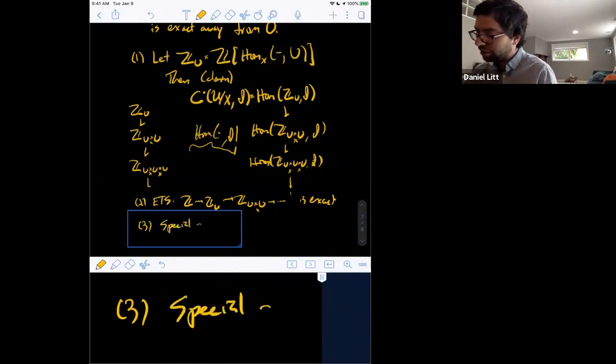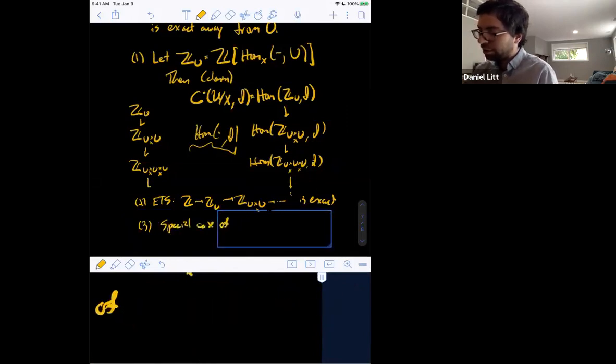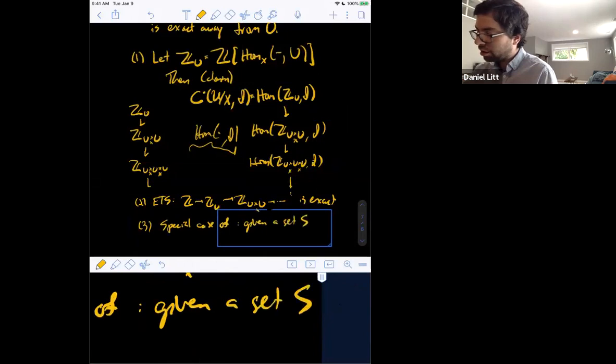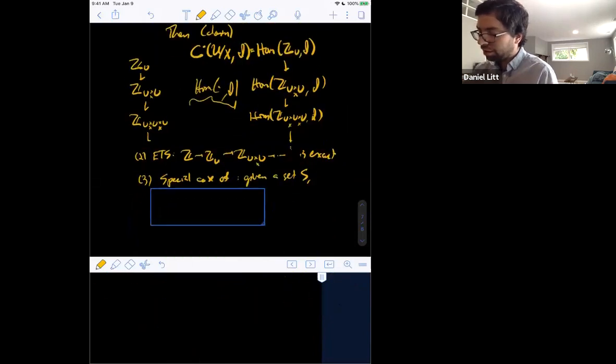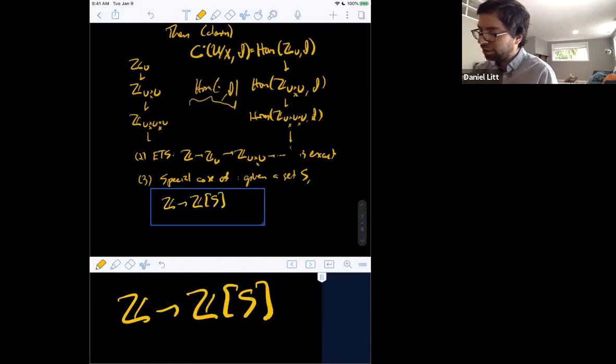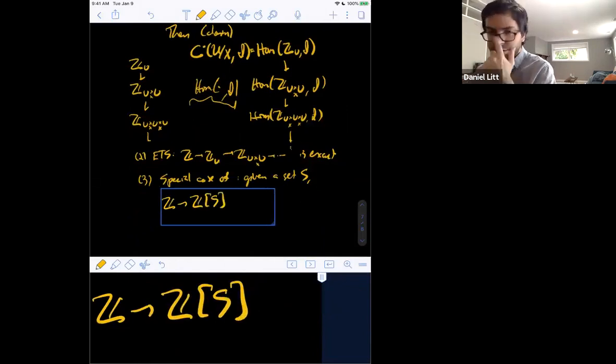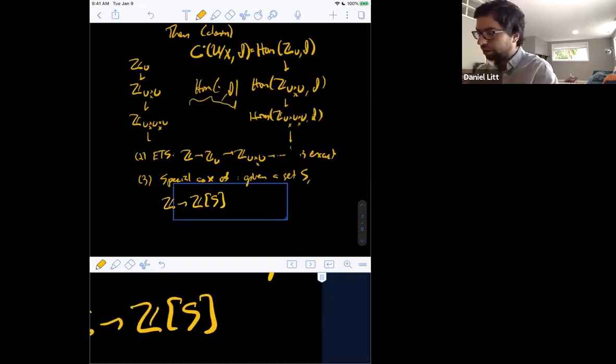This is a special case of, well, let S be a set. We can make a complex as follows. We take the free abelian group on S. So Z includes into this via the constant map.